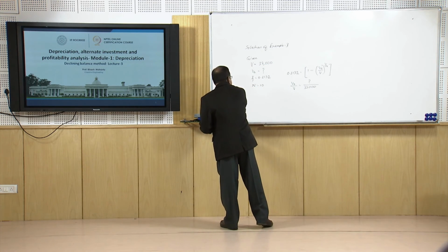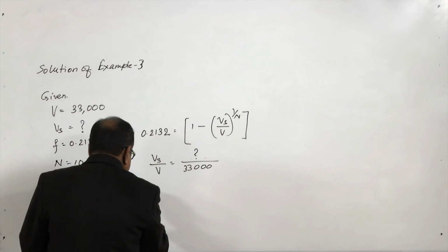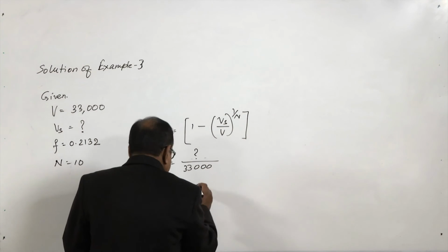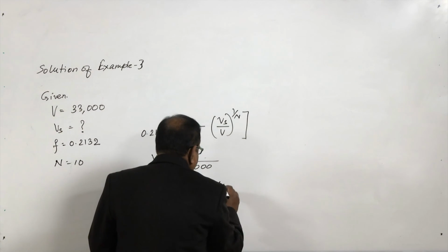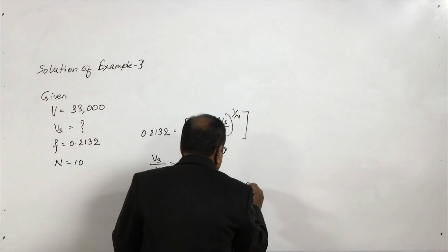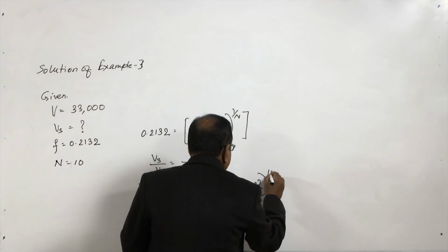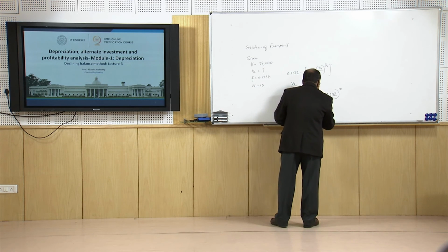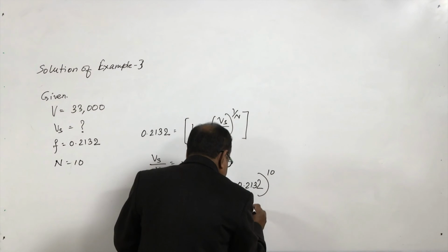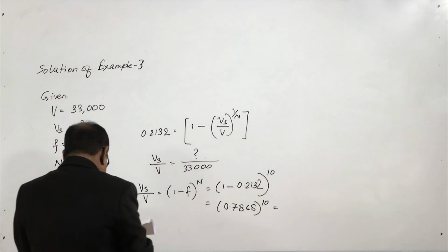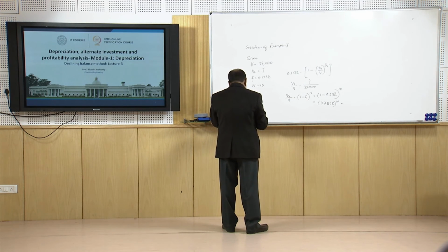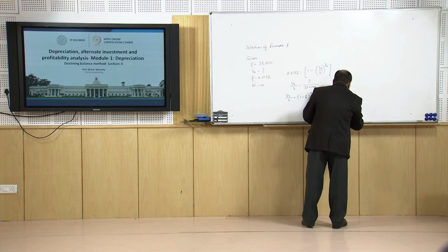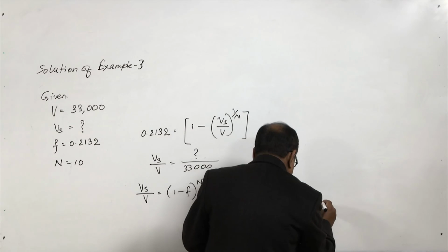So, I can write down Vs by V is equal to (1 minus F) to the power n, which is (1 minus 0.2132) to the power 10, this is 0.7868 to the power 10, which comes out to be 0.09091.